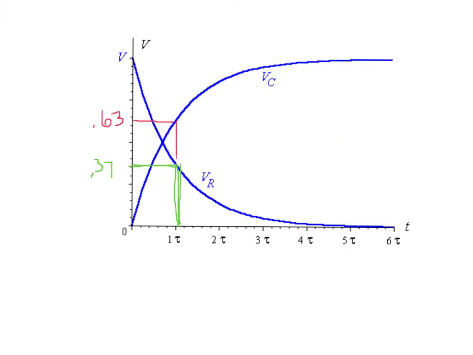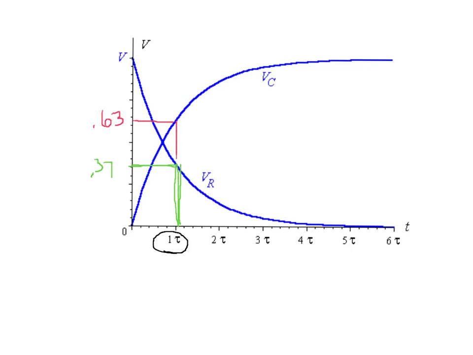So here's those two graphs showing the voltage that built up on the capacitor for the charging circuit. This is not the discharge circuit. And this was the decaying voltage across the resistor as it built up across the capacitor. And we see here, now the time constant is marked with tau. So this is one time constant's worth of time. And here's those magic points.